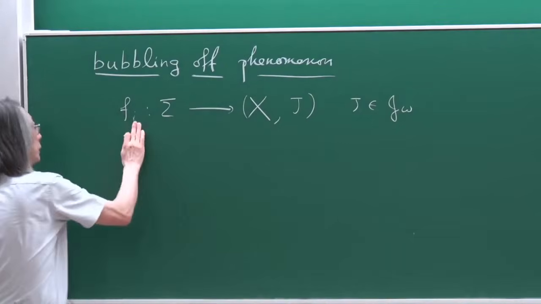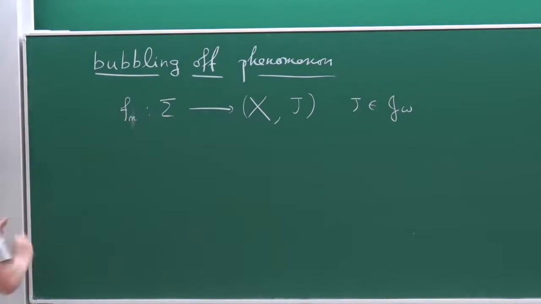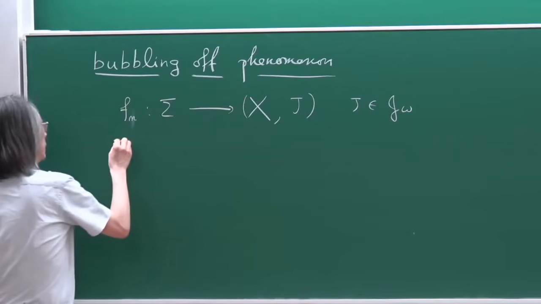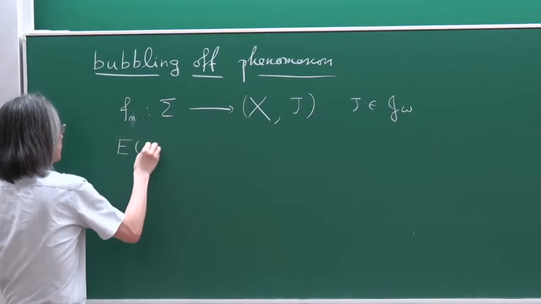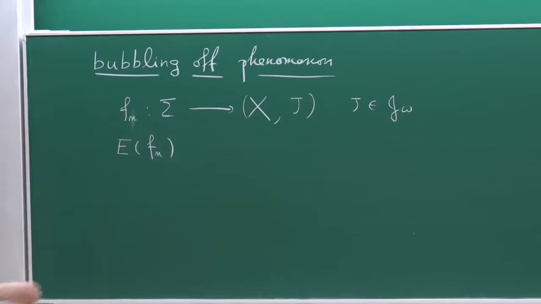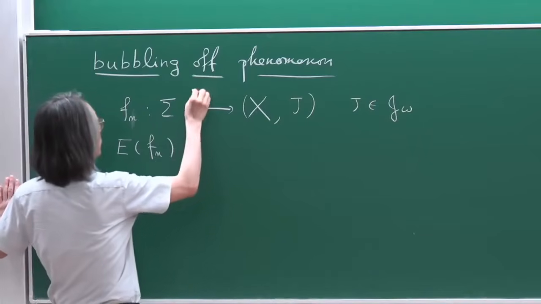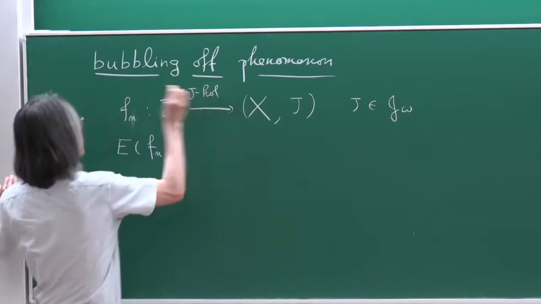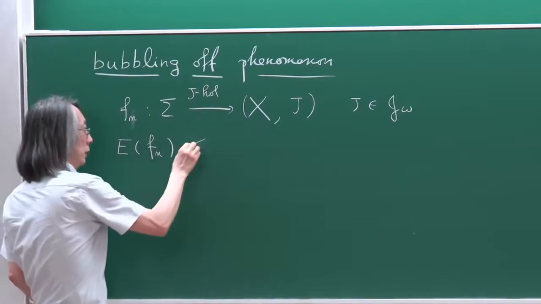So maybe f_n. So you have a sequence of them. And then let's suppose that your holomorphic curves, sorry, they are holomorphic curves, are uniformly bounded.